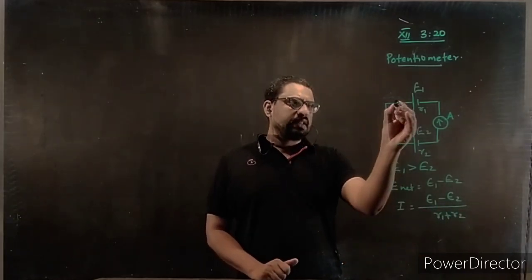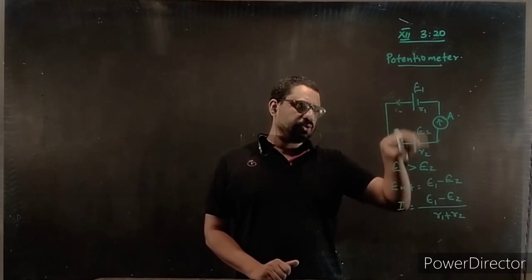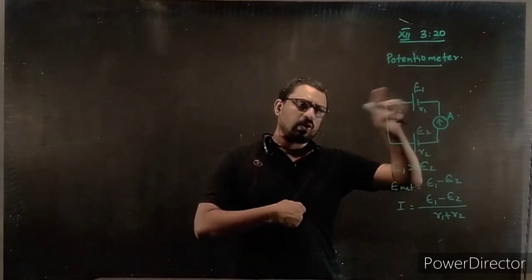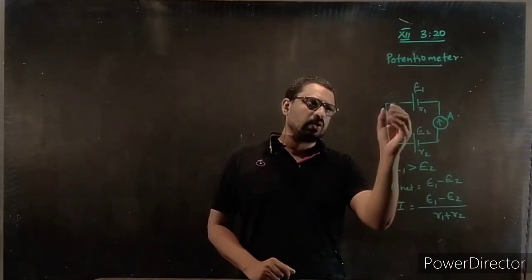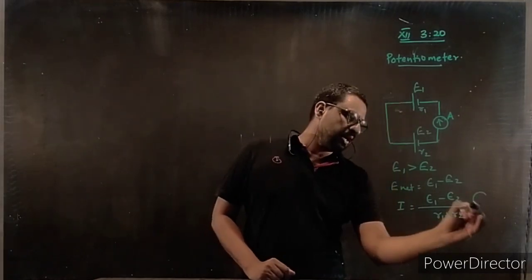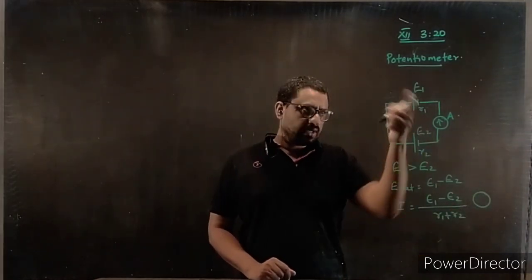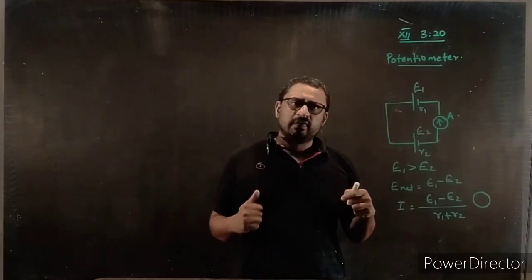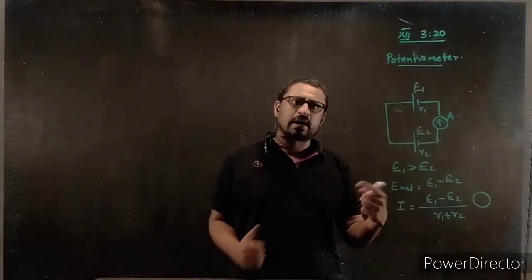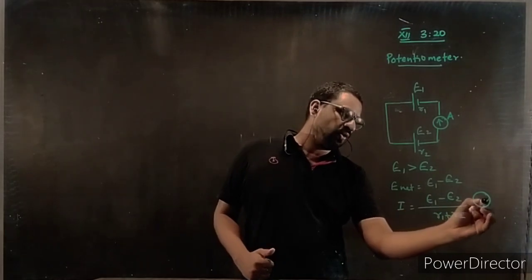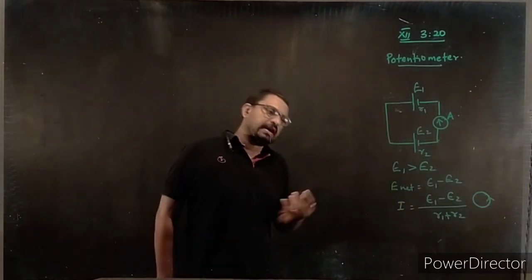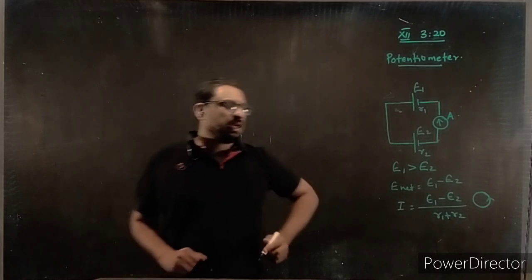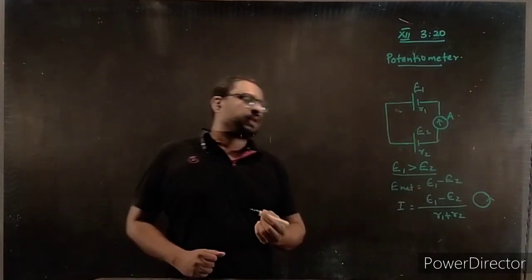E1 will be dominating E2, so ultimately E1 will win the game and make the current flow. So current will be flowing like this if E1 is greater than E2. That is case 1.